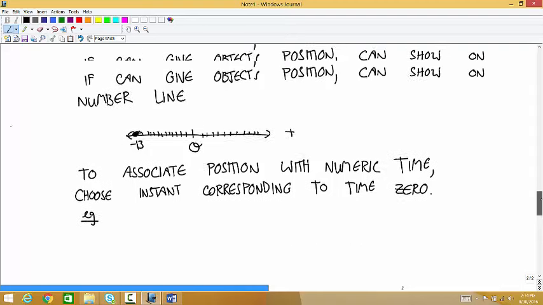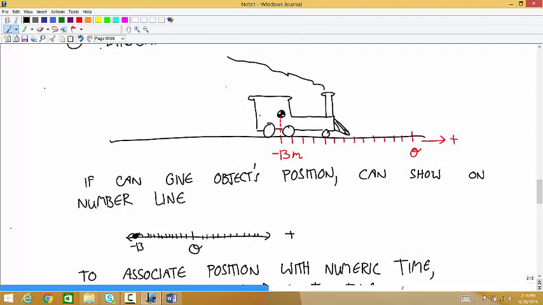For example, say that we had chosen our 0 time to be 8 seconds before this instant that's drawn.